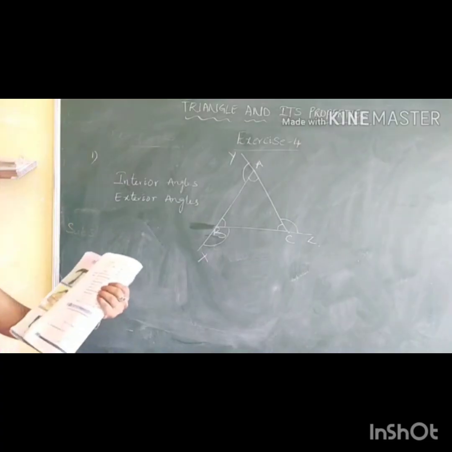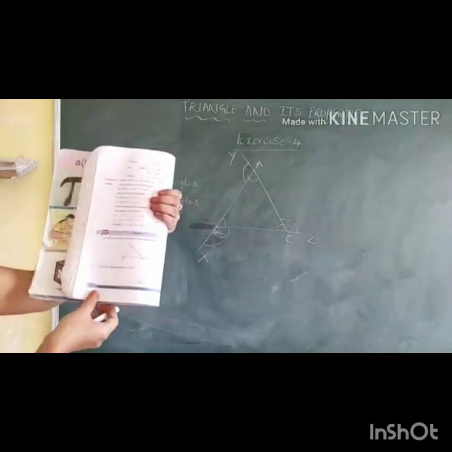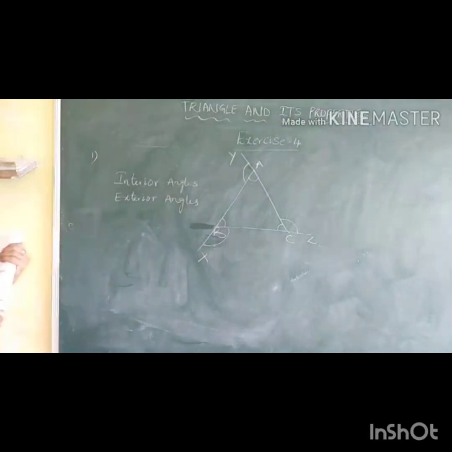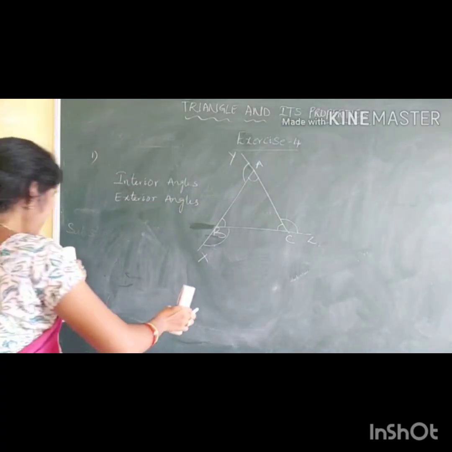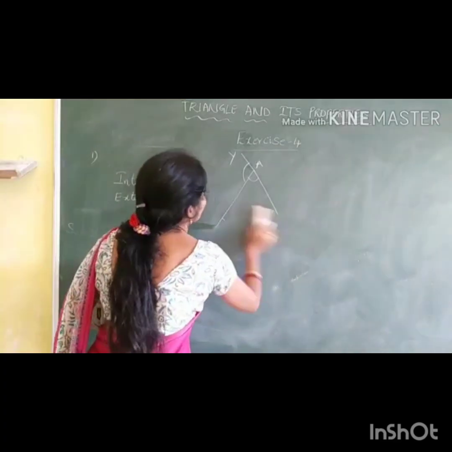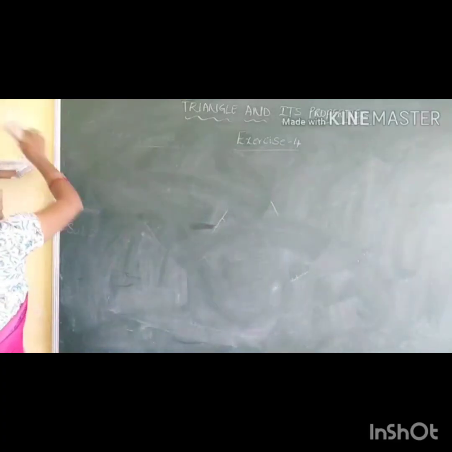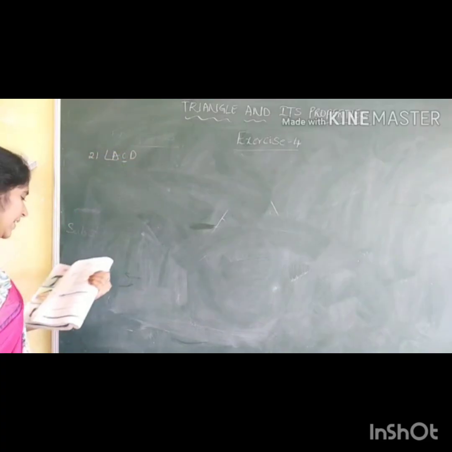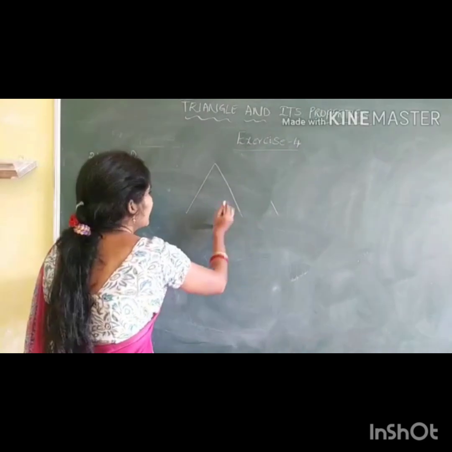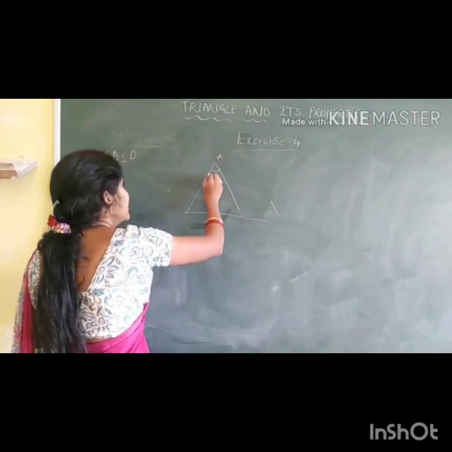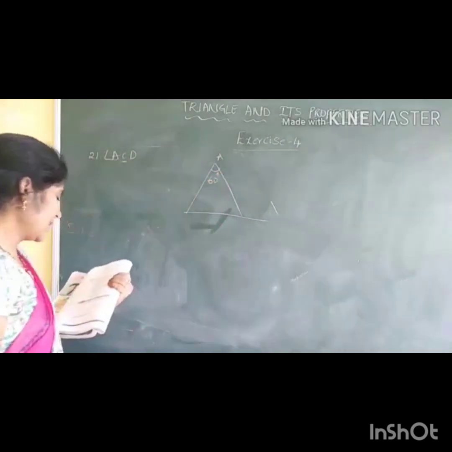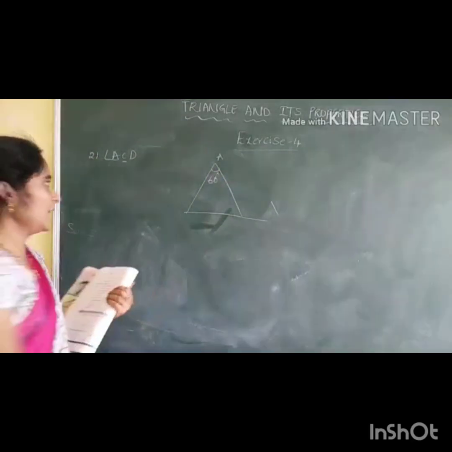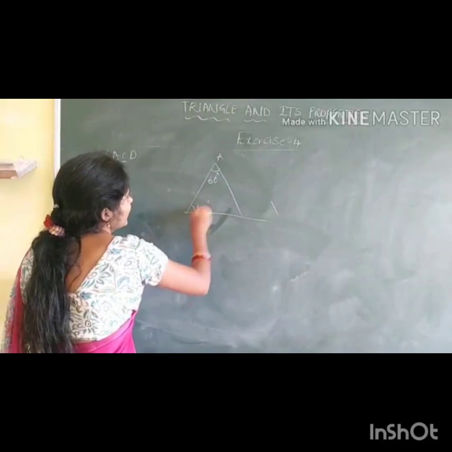Coming to the second question. For triangle ABC, find the measure of angle ACD. Here they gave the picture of triangle ABC and asked us to find angle ACD. ACD means we should find the angle at C. Angle A they gave as 66 degrees, angle B 45 degrees.